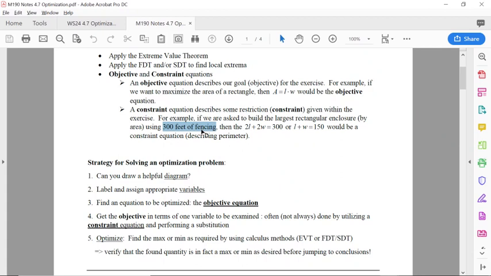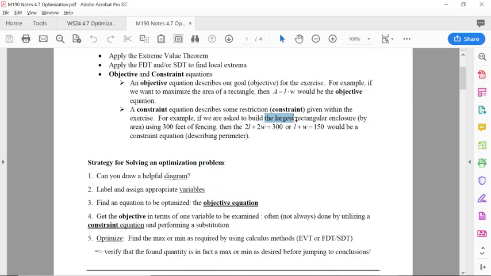And we're not being asked to subdivide it or draw a diagonal or create any other fencing on here. It's just the four sides of this particular rectangle. So the perimeter equation, or you can find geometrically from your diagram, 2 lengths plus 2 widths would have to add up to 300. That's a constraint. We are required to use all 300 feet of fencing here. We can't use more and we can't use less, for whatever reason.